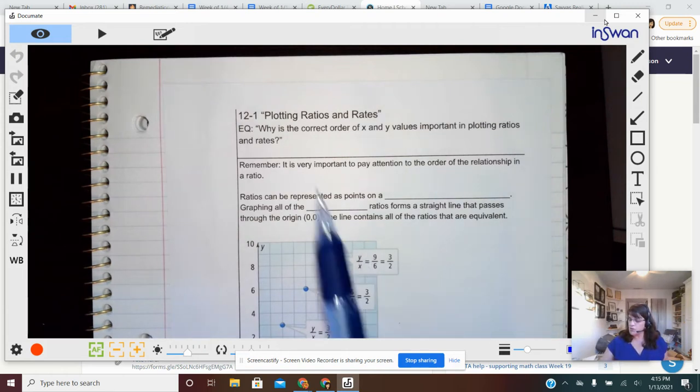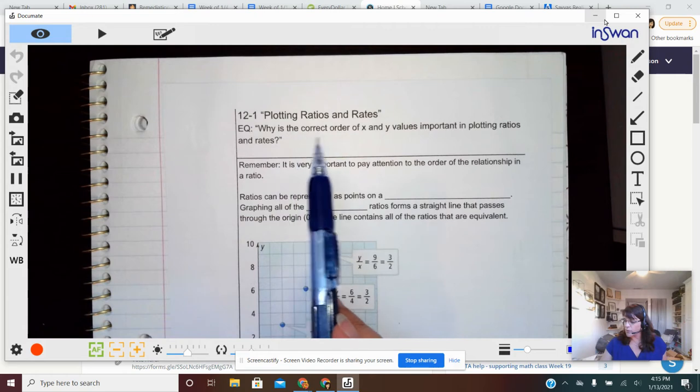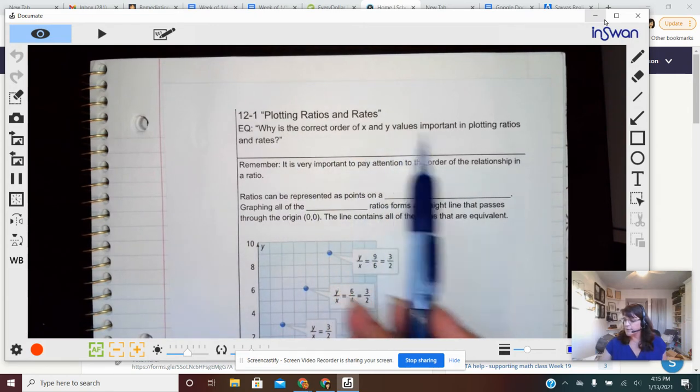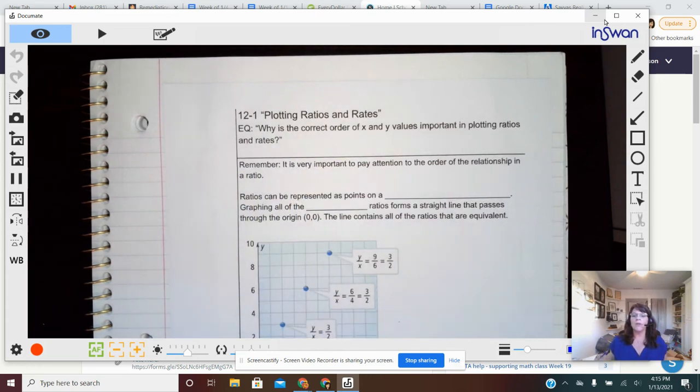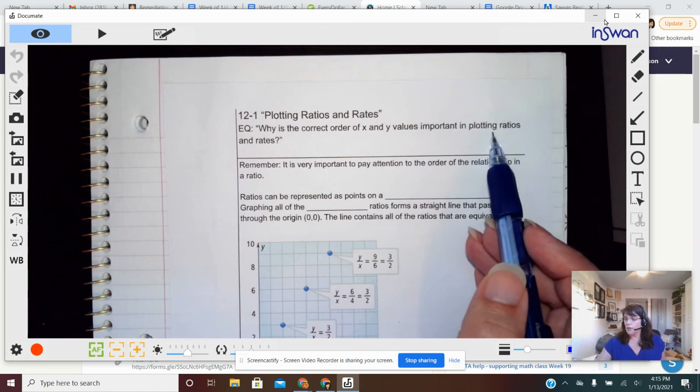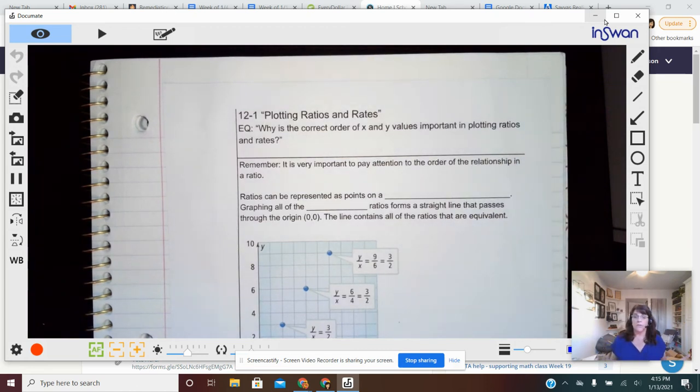So, our essential question today: why is the correct order of X and Y values important in plotting ratios and rates? Now, plotting ratio and rates is graphing. So we're actually going to do some graphing practice that goes along with this unit, but it's also directly related to proportional and equivalent ratios, okay?